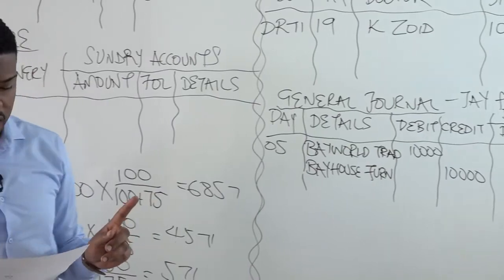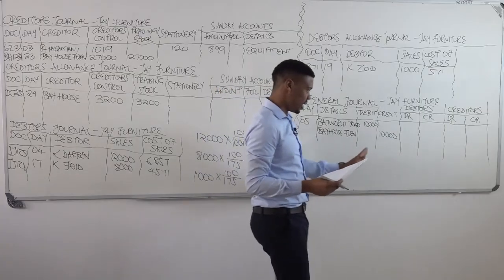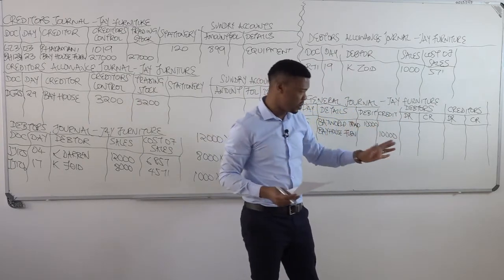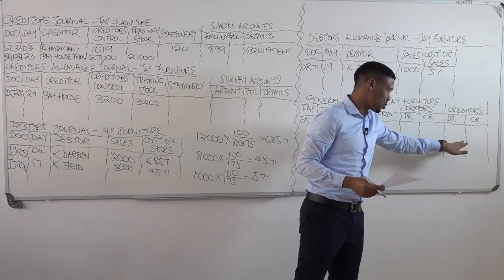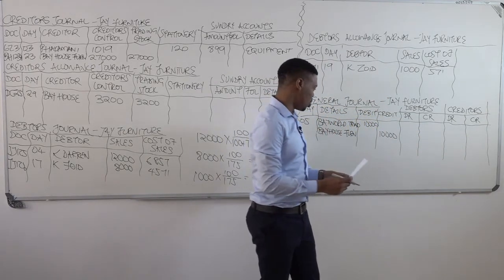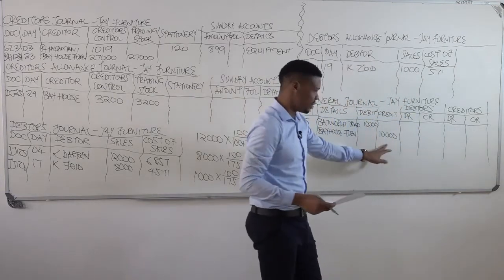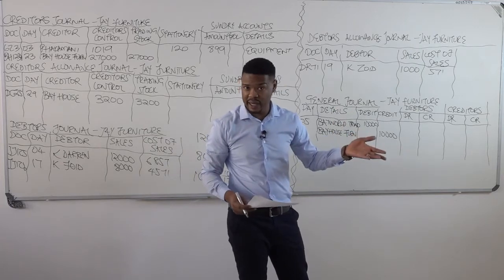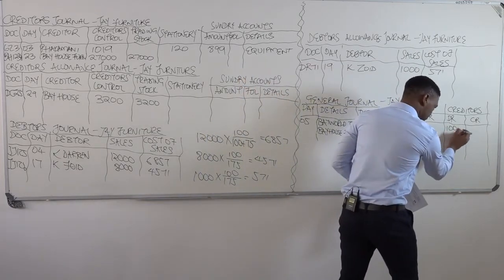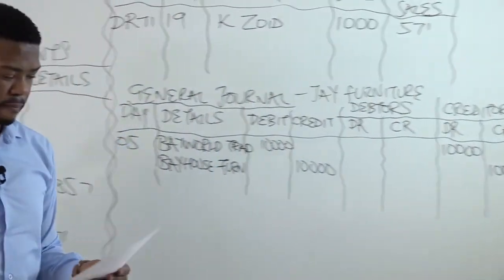You are dealing with creditors, not debtors. You've got space to indicate under debtors control if you are going to debit or credit those amounts. You've got space to indicate under creditors control if you are going to debit or credit. We are dealing with creditors, so we are going to go under the creditors column, and we will do the same thing, because we've debited one creditor and credited another. 10,000 under debit and 10,000 under credit over there.